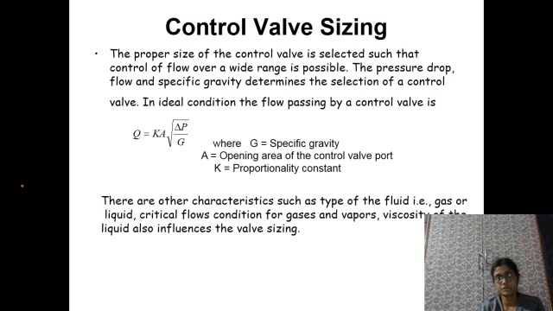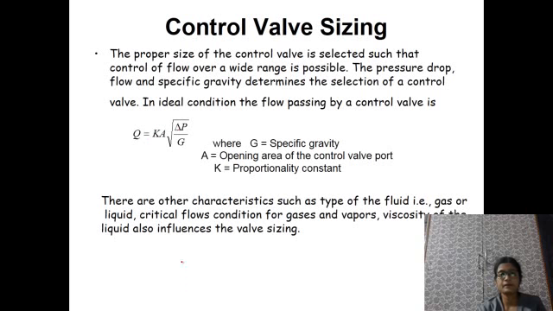The pressure drop, flow and specific gravity determine the selection of the control valve. In ideal condition, Q is K times A root of delta P by G, where G is the specific gravity, A is the opening area of the control valve, K is the proportionality constant, and delta P is the pressure difference.